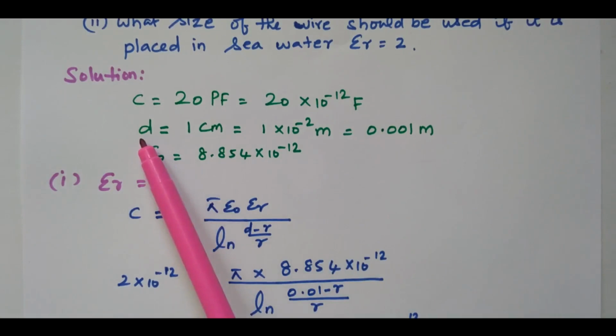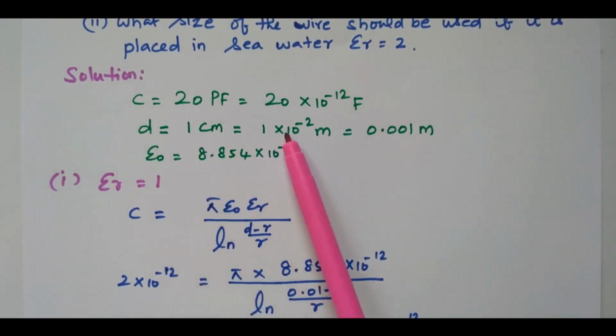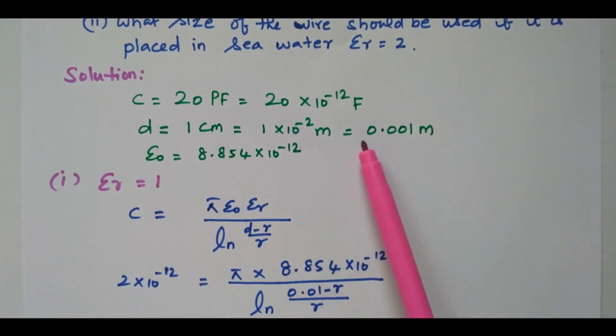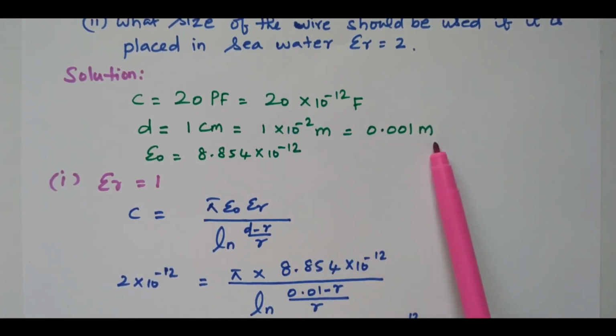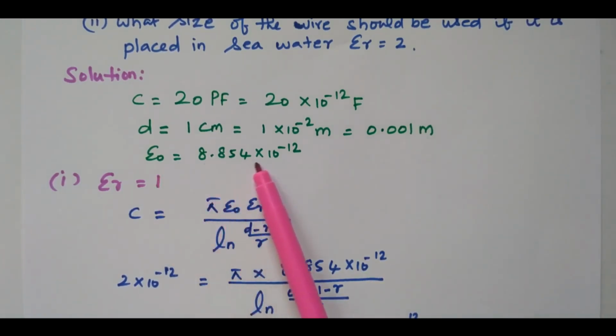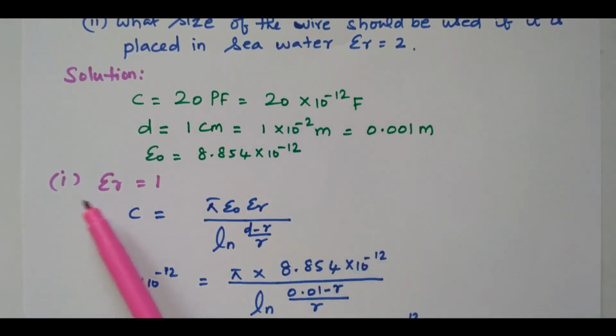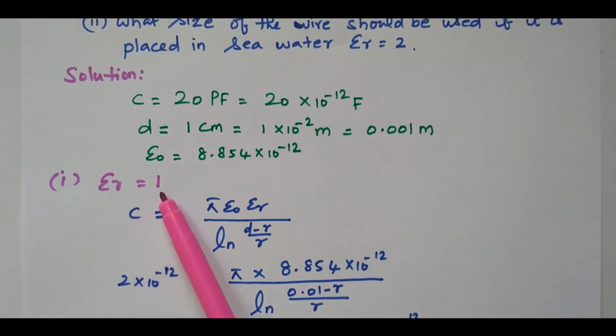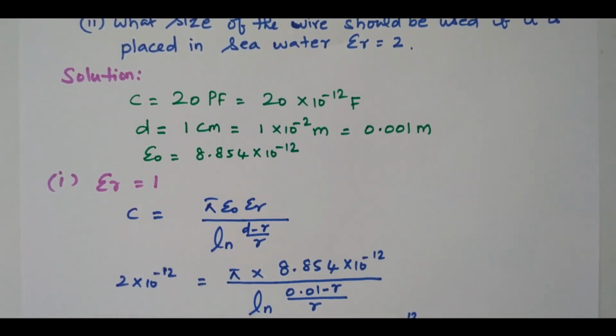The center to center distance is 1 centimeter, which means 1 into 10 to the power minus 2 meter, that is 0.01 meter. Then epsilon naught is the constant 8.854 into 10 to the power minus 12. These are all the data available. First we will consider the first case, epsilon r equals 1. What is the formula?